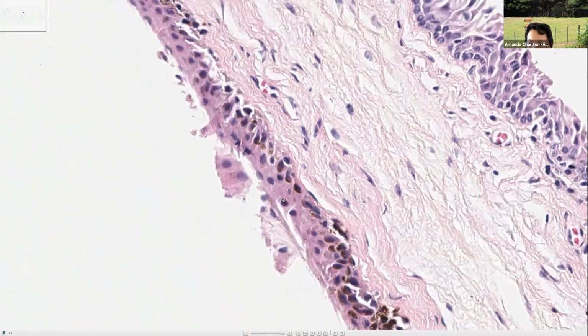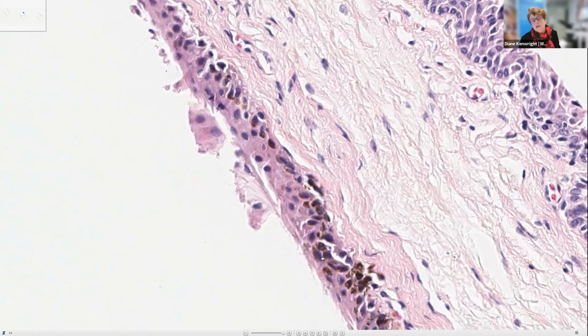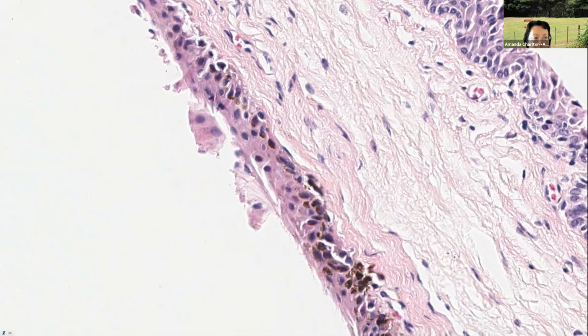I think it's at least the same size, so at least 1. Yes. Maybe. So I'll give this pagetoid 2, vertical spread 1 to 2, nucleus 1 to 2.